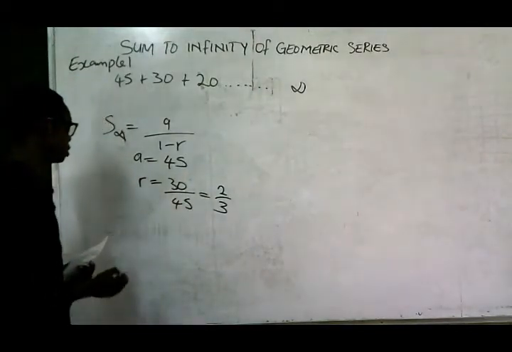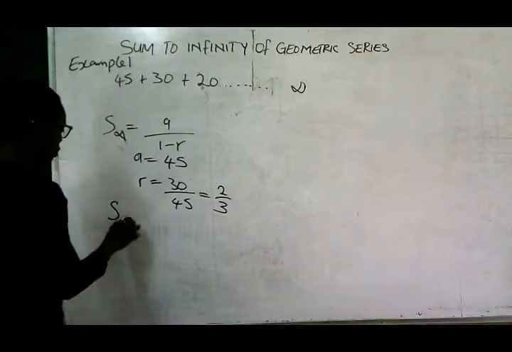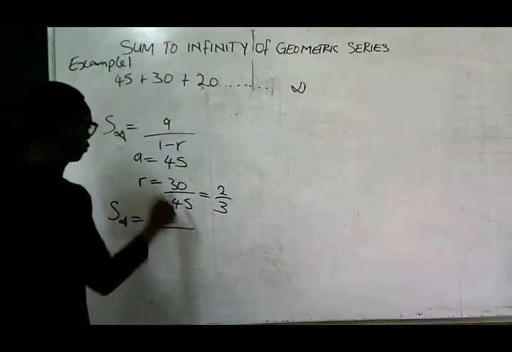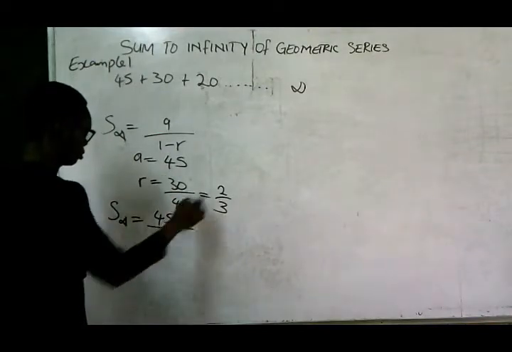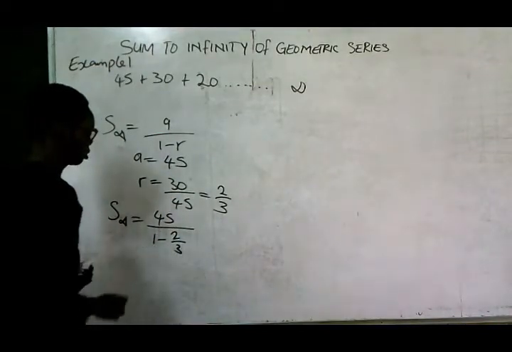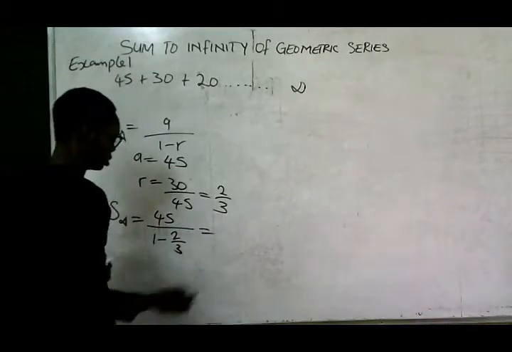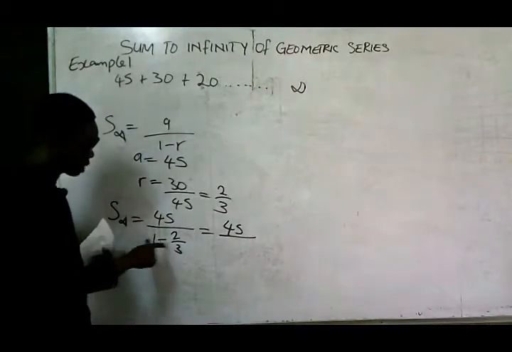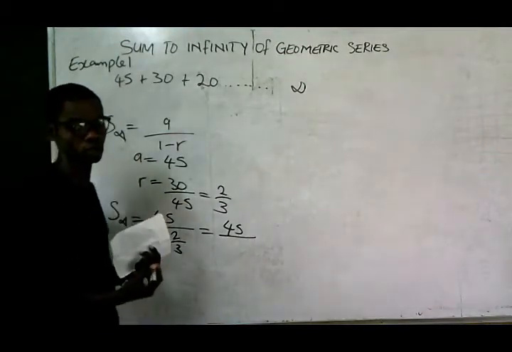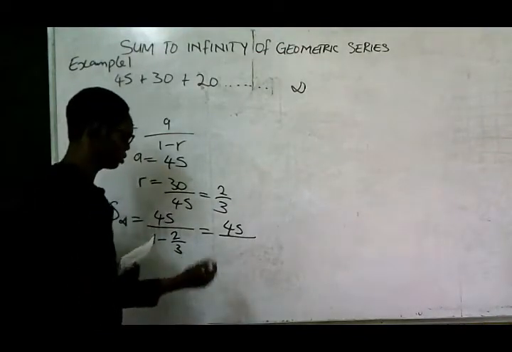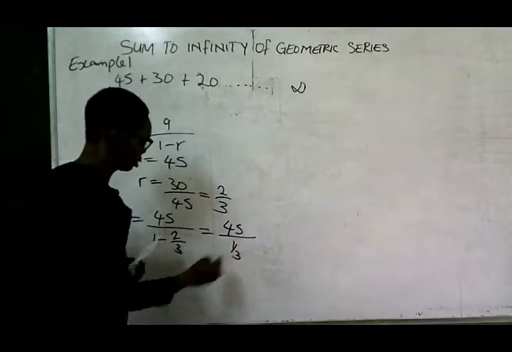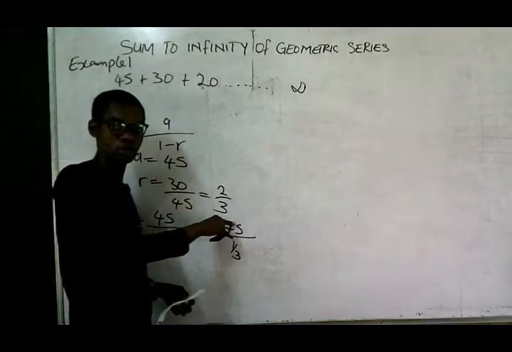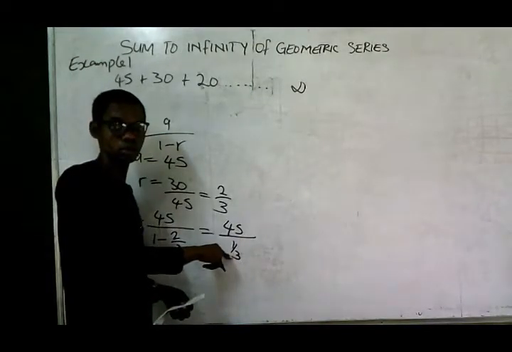Then we can proceed. We say S to infinity is equal to 45 over 1 - 2 over 3. If you do your sum very well, 1 - 2 over 3 will give me 1 over 3. So this is now 45 divided by 1 over 3.